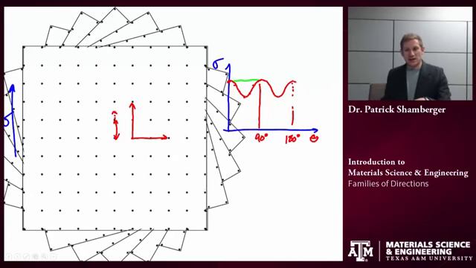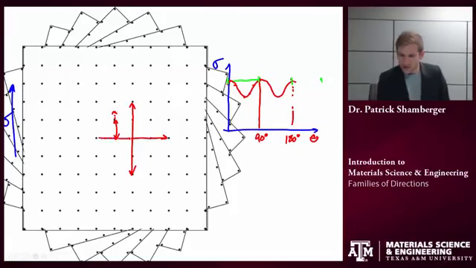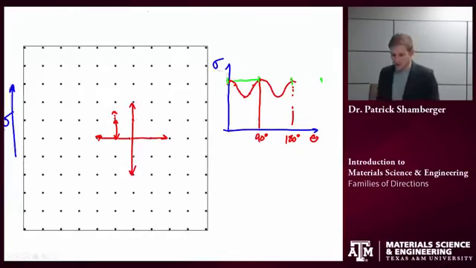Every time I rotate 90 degrees, it looks exactly the same. So that's what a family of directions is. Let's clearly indicate these: the 4 directions that would be equivalent in this case are these 4 directions. They all look exactly identical crystallographically.